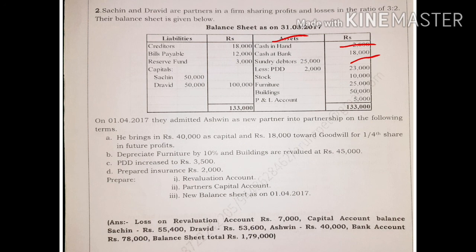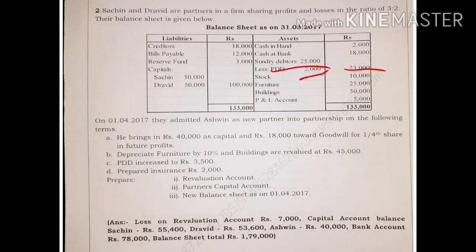So directly we will write cash in hand as it is, 2,000, in the balance sheet, and cash at bank after making necessary adjustment, after adding the amount received, then we will write that in the balance sheet. Okay, remember these things. Next, sundry debtors 25,000 and less PDD 2,000, 23,000.